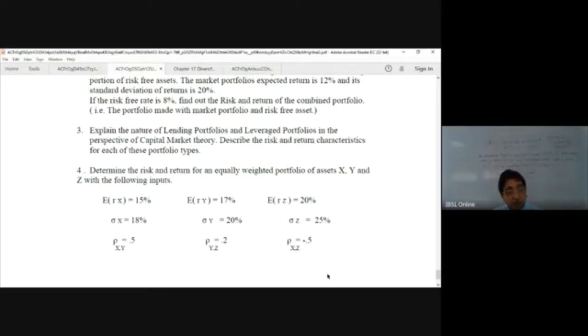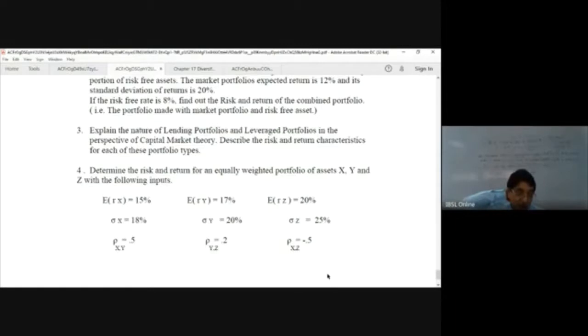First of all, we need to calculate the portfolio return, including the assets X, Y, and Z with equal weights. What do you mean by equal weights? 1/3 of each. So X you have 1/3, Y you have 1/3, Z also you have 1/3.